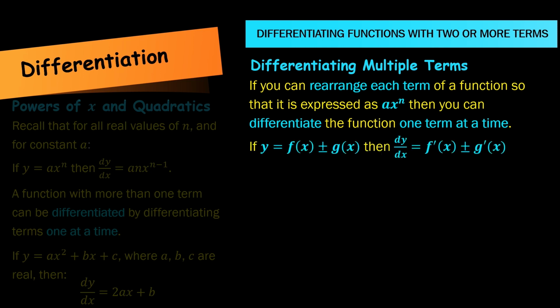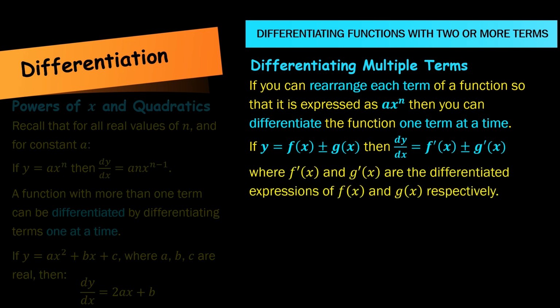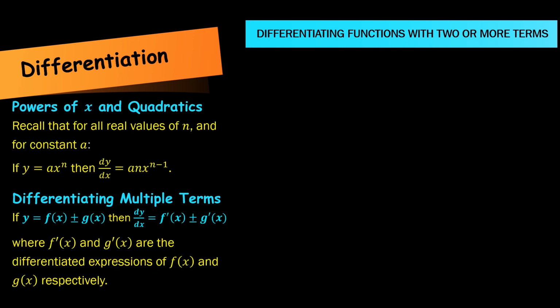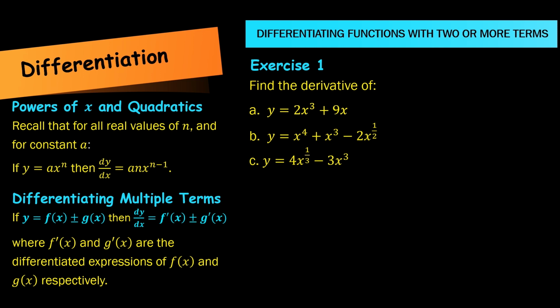In other words, if y equals f of x plus or minus g of x, then dy dx equals f dash of x plus or minus g dash of x, where f dash of x and g dash of x are the differentiated expressions of f of x and g of x, respectively. So here's a summary of the key points. And here's the first exercise.